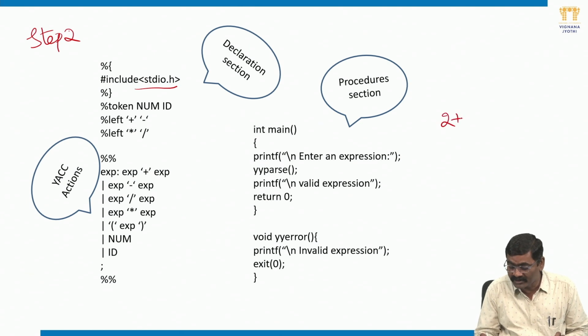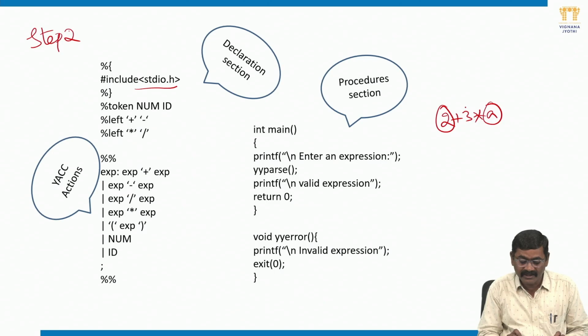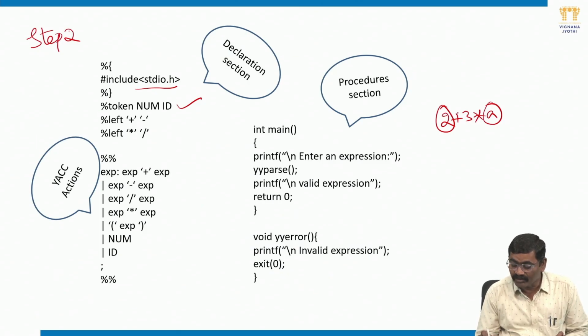For example, 2 plus 3 star. In that case, we have a number and we have an ID, right? Num and ID are taken from the lex program, and the grammar involves some operators like plus and star. Plus is left associative.